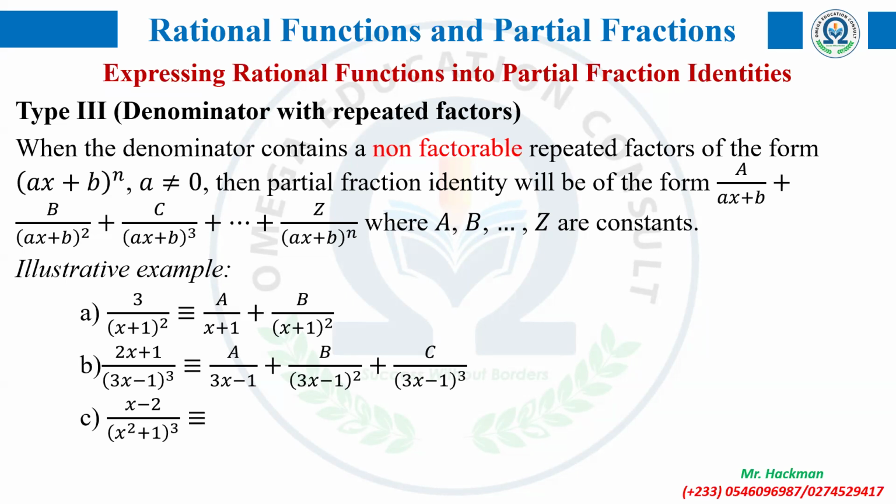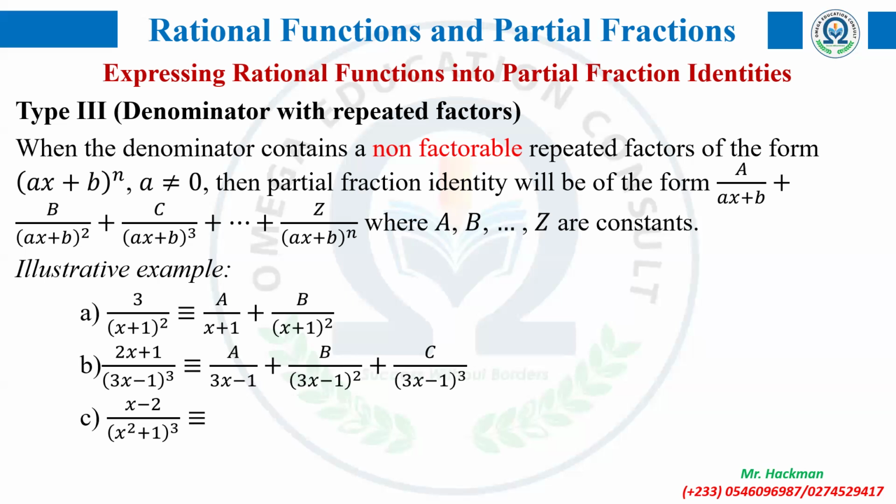But the partial fraction identities, we divided that into parts. We did type 1, then type 2. Today we are going to look at type 3. Type 1, we looked at a situation where you have linear factors.